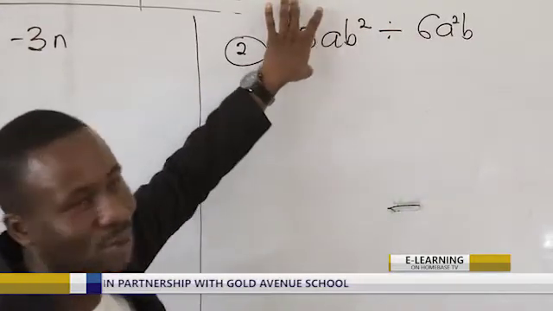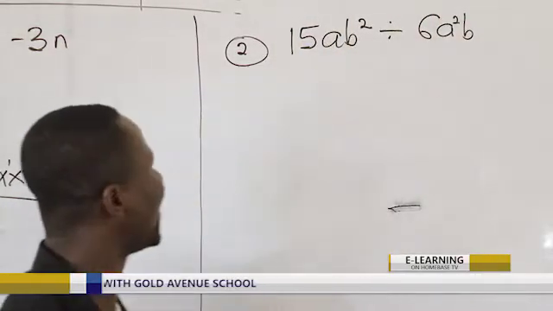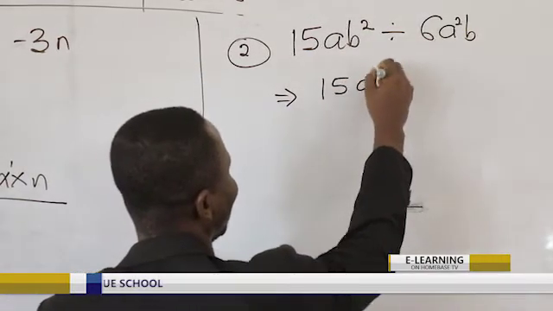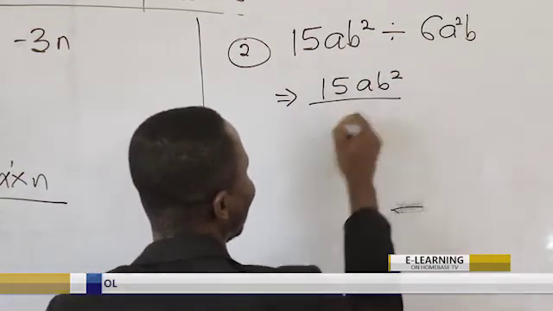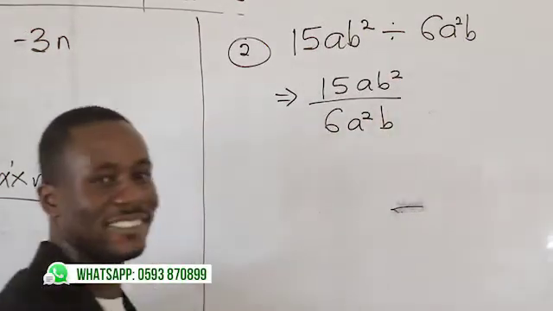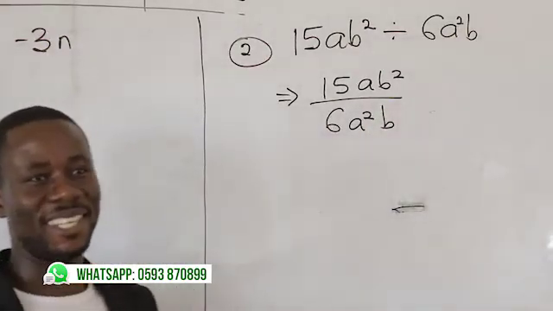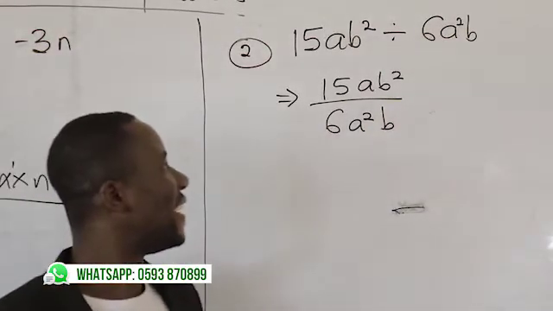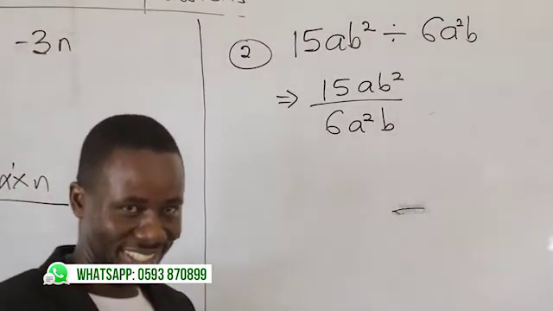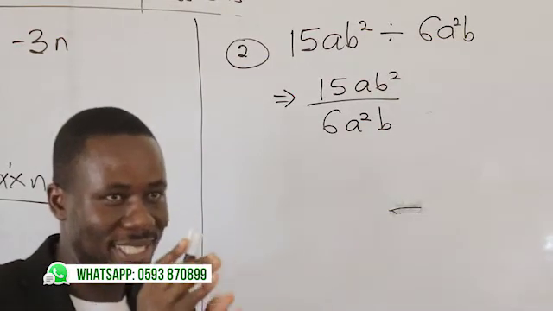The first part is always the numerator, the second part is the denominator, as you already know. This expression and that are the same. From here, deal with the numbers, and then deal with the variables separately.